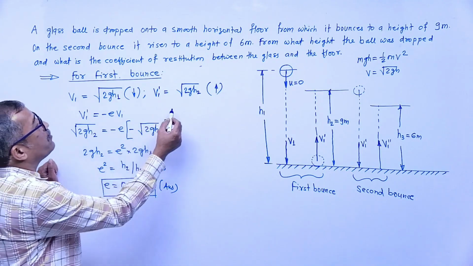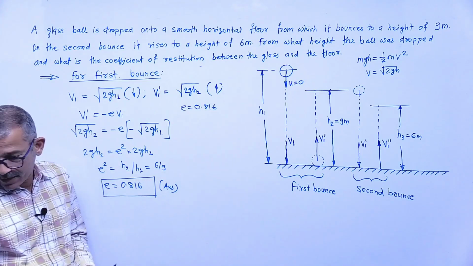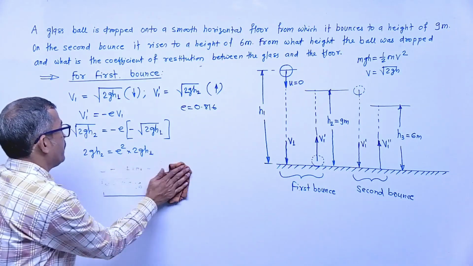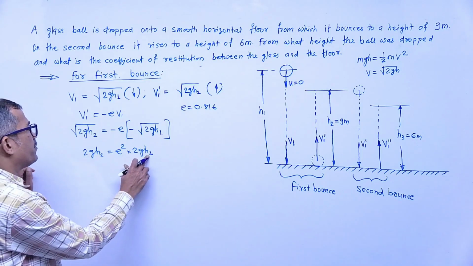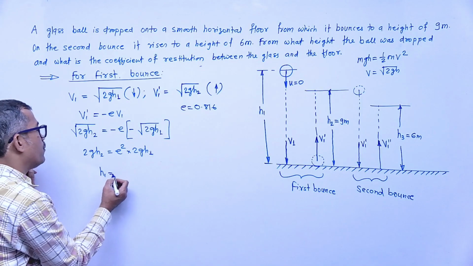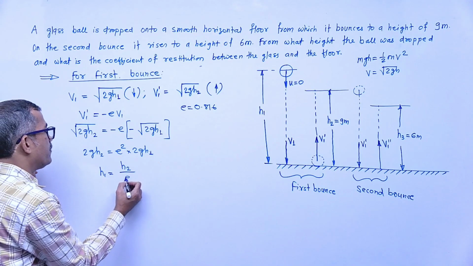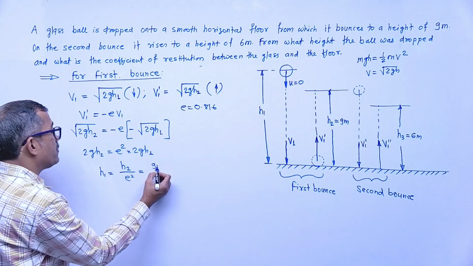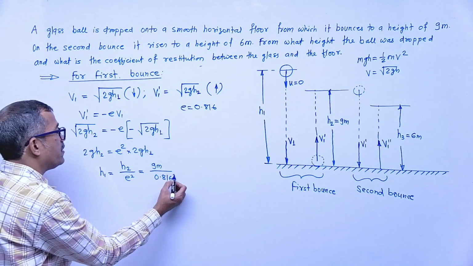Now e we already calculated, it is 0.816. But now the unknown term is different: h1 you have to find out. 2g cancels, so h1 equals h2 upon e square. h2 is 9 meters, e is 0.816 and its square.